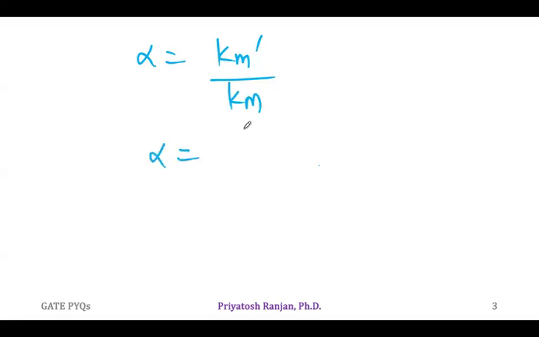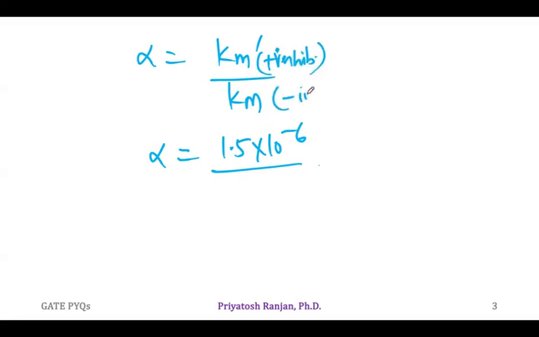Km dash is 1.5 into 10 raised to power minus 6 molar, the value in the presence of inhibitor, and the denominator, the value in the absence of inhibitor, is 0.5 into 10 raised to power minus 6 molar, and you'll get a value of 3.